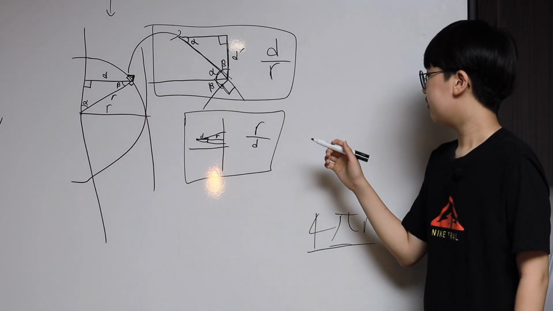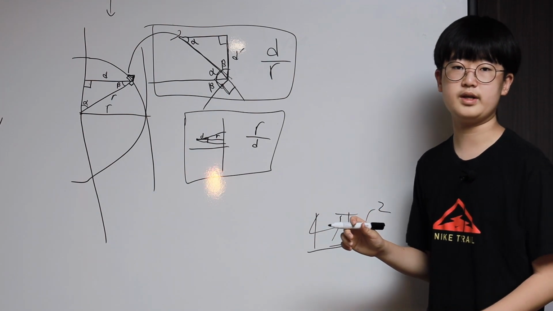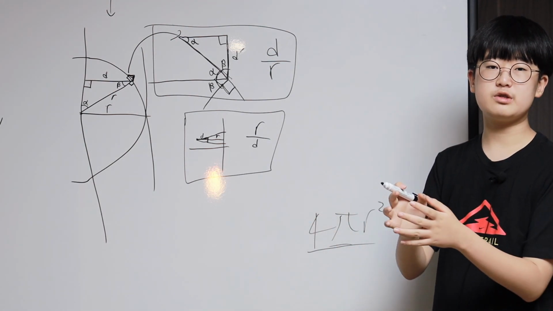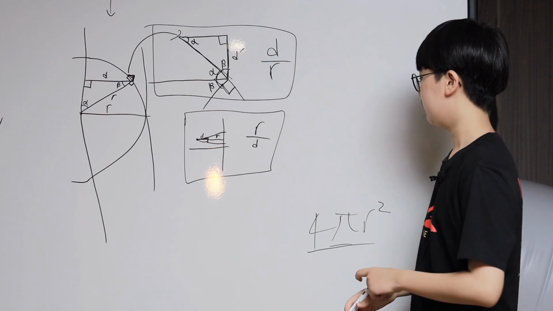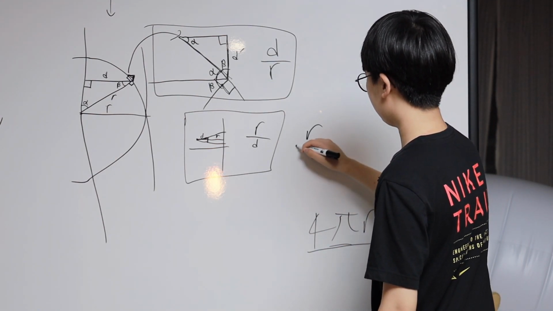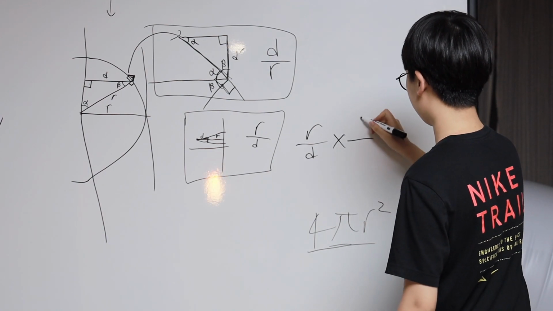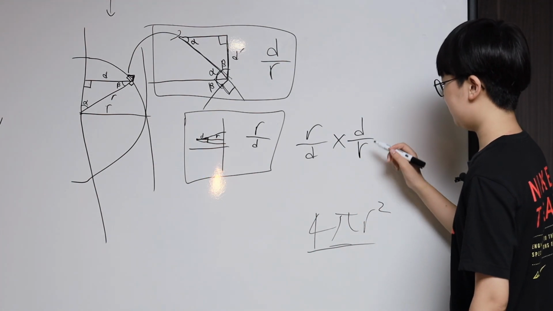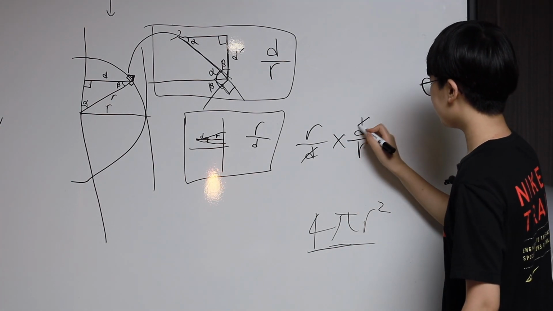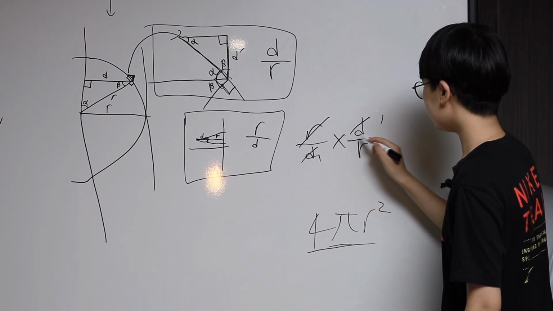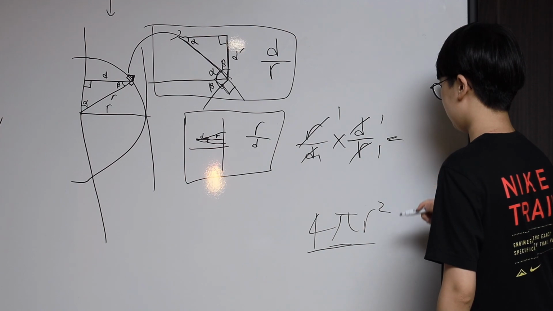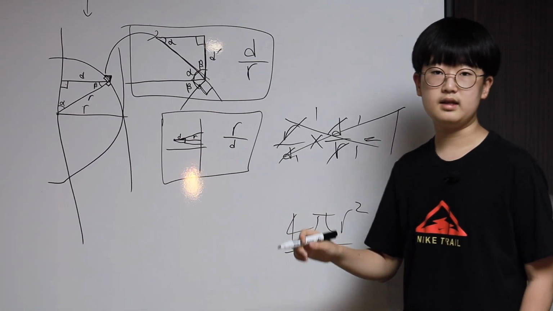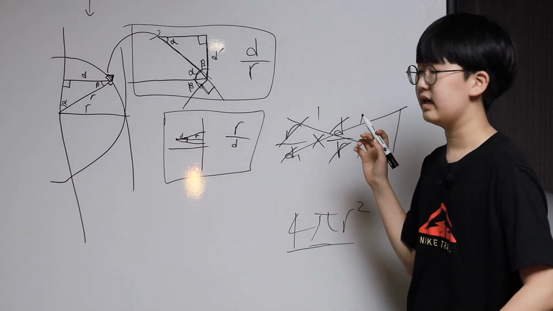So now we multiply the scale factors so we can get if it squishes more or if it stretches more. R over D multiplied by D over R, if we calculate it, this becomes 1 and this becomes also 1. So we get 1. Basically nothing.